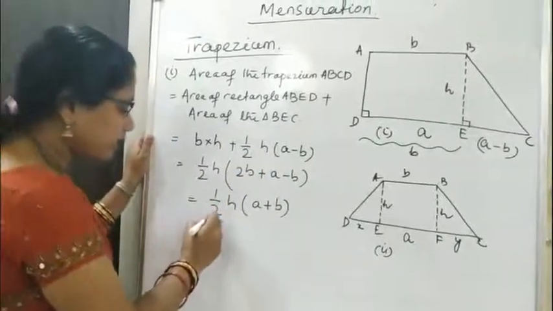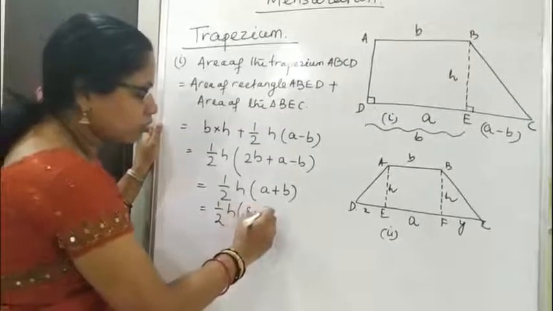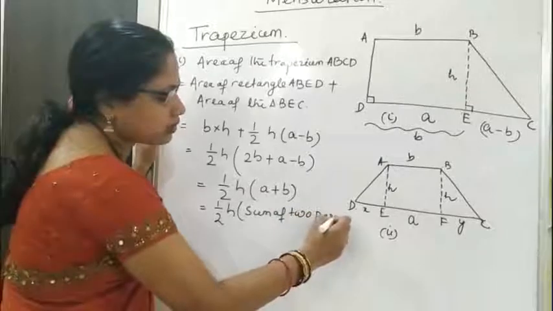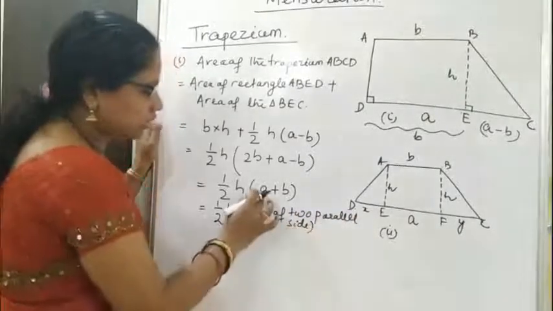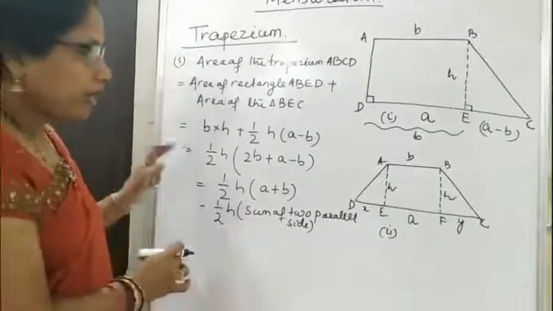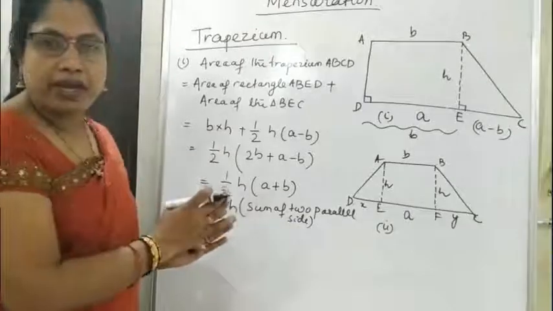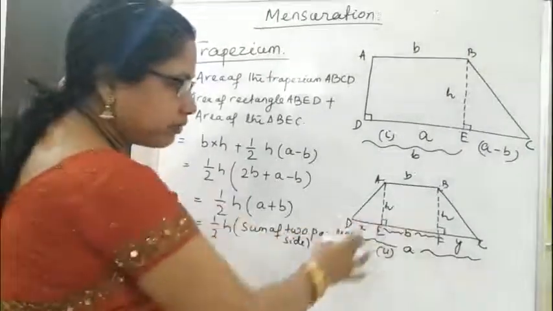We can write it in other words: half into height into the sum of the two parallel sides. So this is the formula for the area of a trapezium if the height and the two parallel sides are given.